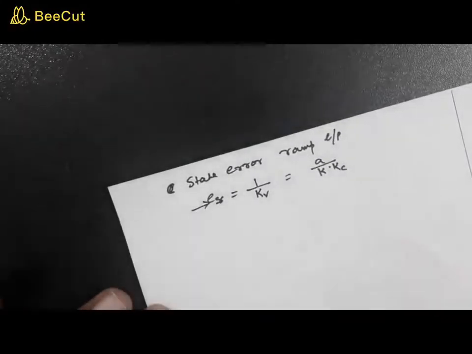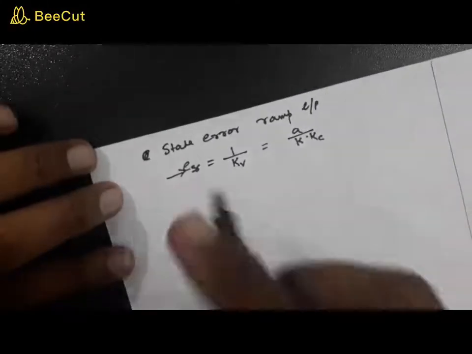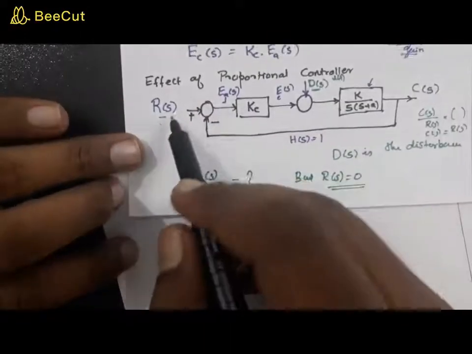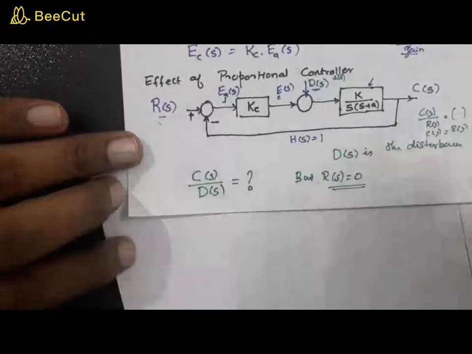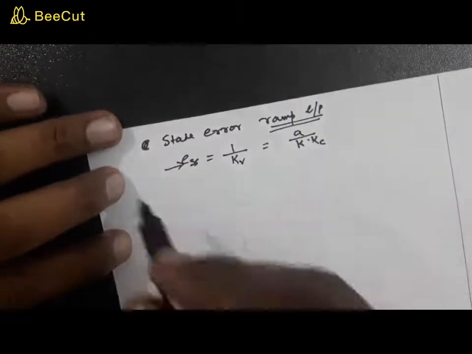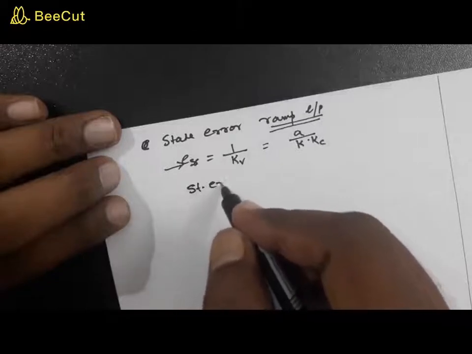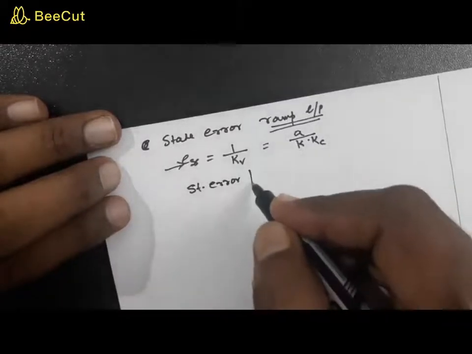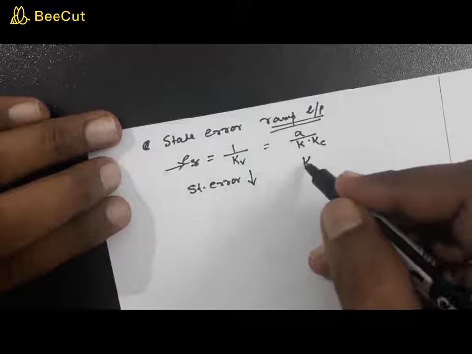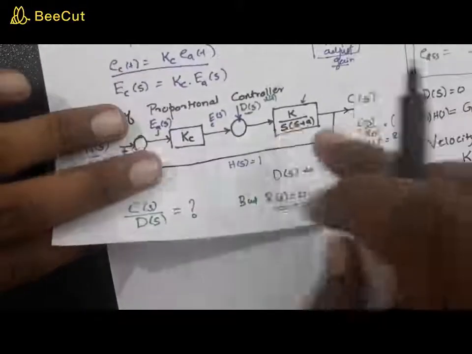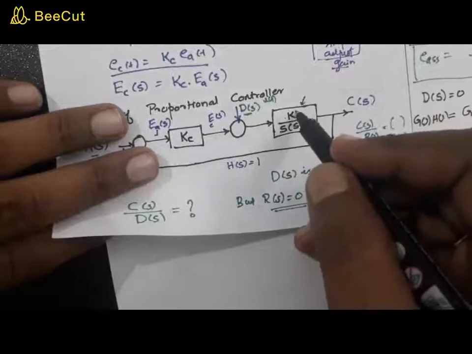So what do you infer from this? If the ramp is the input that you provide to the system, then the steady state error decreases as you increase your kc. Once the plant is fixed, you cannot change it.